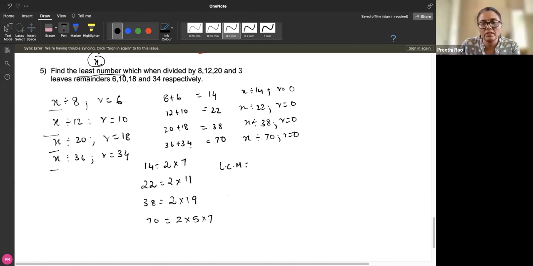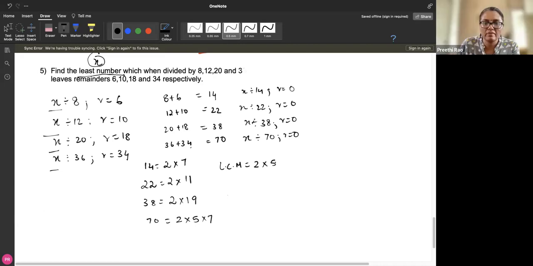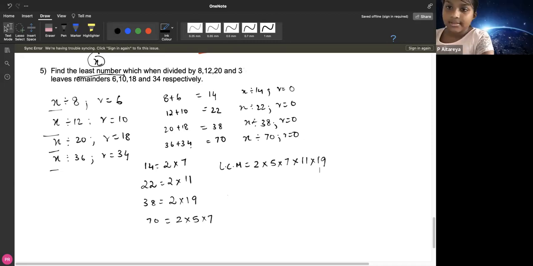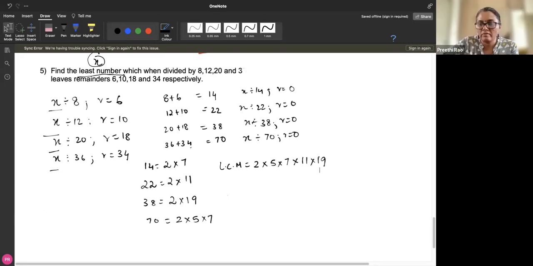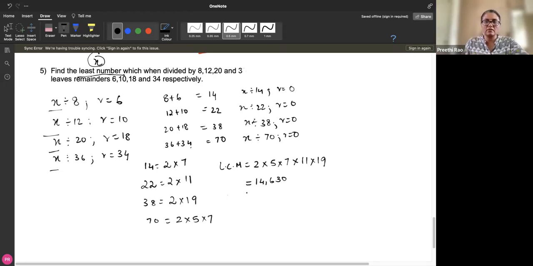For LCM, we need all the factors: 2 into 5 into 7 into 11 into 19. What is the answer? Ma'am, the answer is 14630. Does this work?